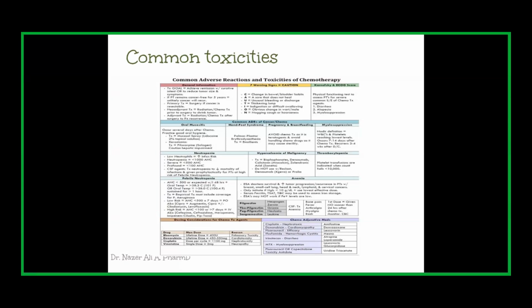For the second line, or even for the first line, they will use a third generation drug like ceftazidime, as per the institutional antibiotic policy. So there are some drug-specific toxicities, especially cisplatin, which I told you about.